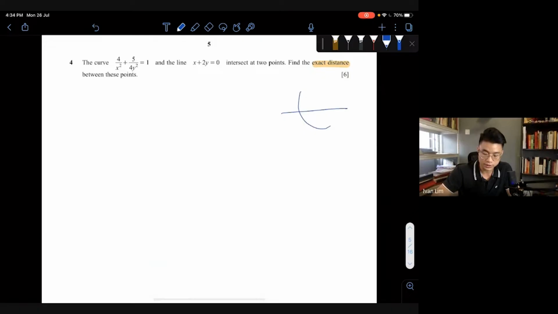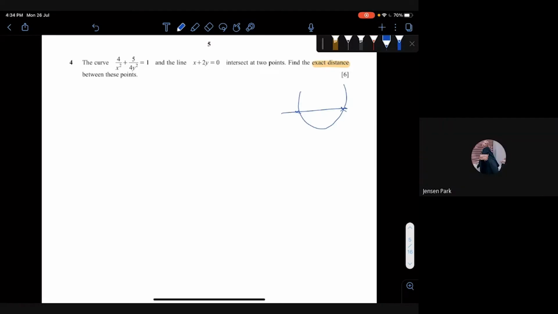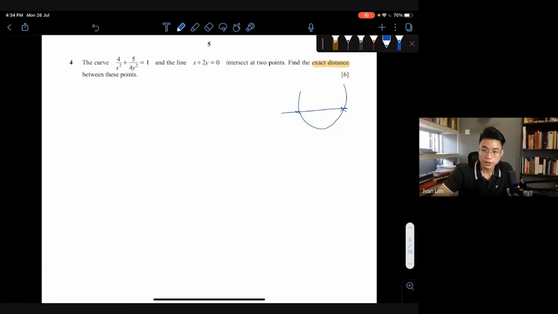So I have a curve and a line, and this is point 1, this is point 2. After I find the point of intersection, what's the second part? How do I find the exact distance? Pythagoras theorem, or the distance or length formula.